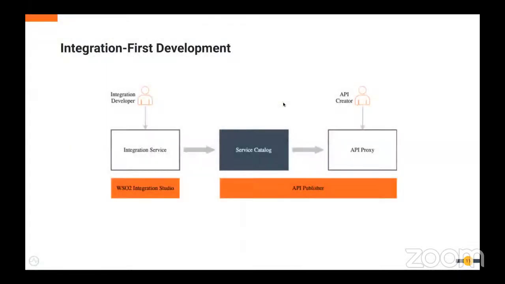For example, look at this diagram. There's an integration developer on the left side. There's an API creator on the right side. The integration developer is using WSO2 Integration Studio and Micro Integrator to develop his integration service. Once he has created the service, he can export that service into the WSO2 Micro Integrator, and in turn, Micro Integrator will export that service into the service catalog of API Publisher.